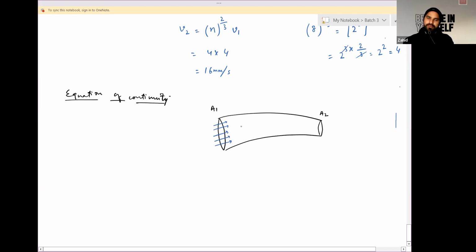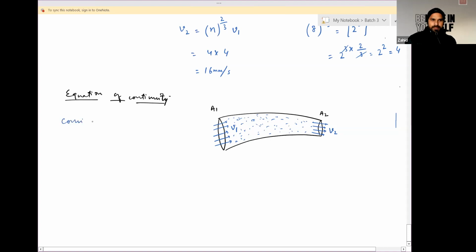So that each layer of liquid will move with the same velocity at a given cross section, let's say V1, and at this other section, velocity of each layer will be V2. So we have to calculate the relation between area and velocity corresponding to any given position.